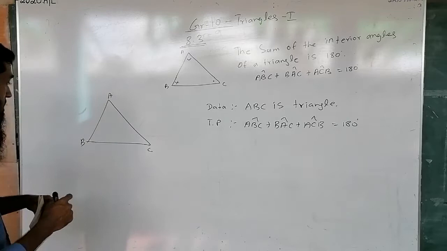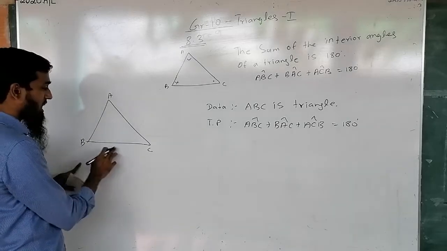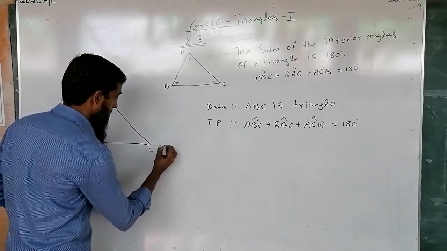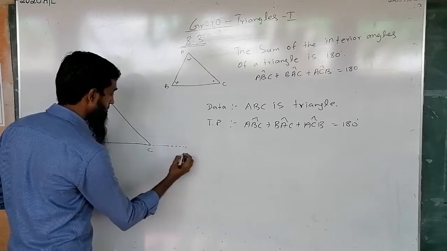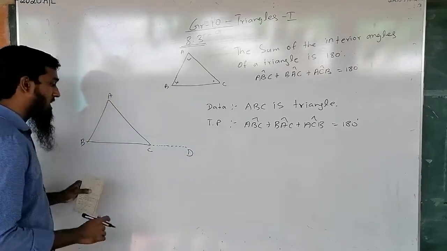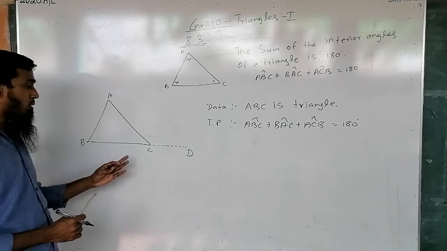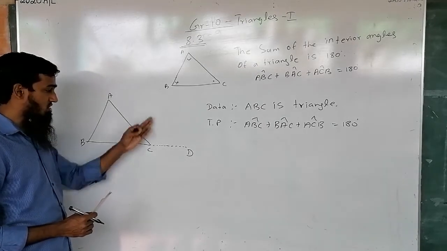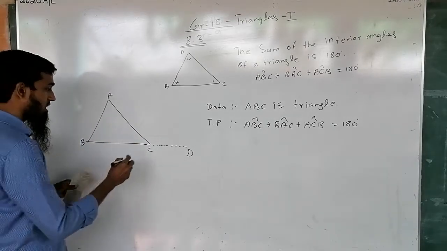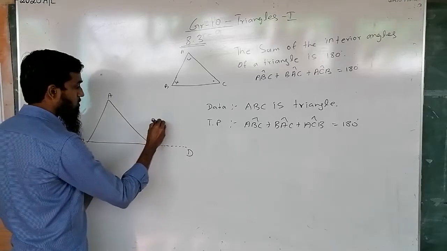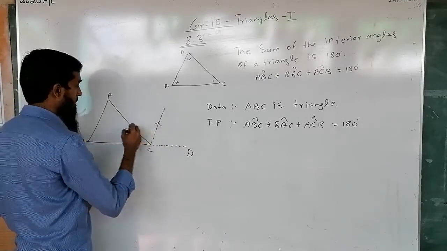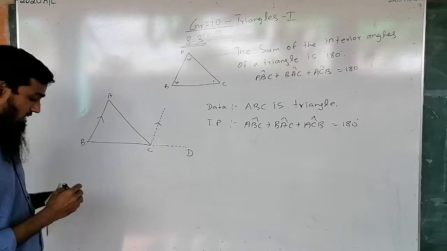What is the construction? We have to produce the side BC. First, produce BC, we'll name it as D. Then we have to draw a parallel line through C parallel to BA. So that is our construction.